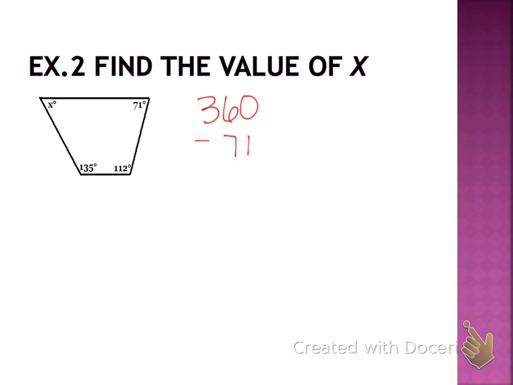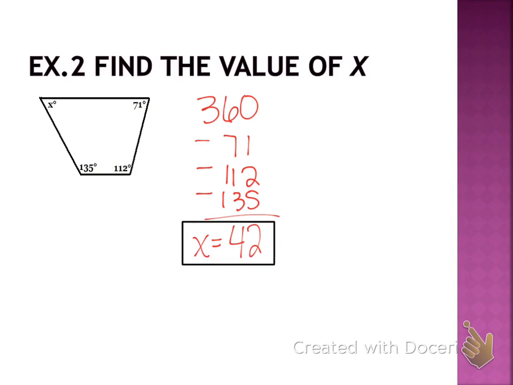You could subtract them one at a time. Either way, 135. Either way, what do we get? 42 for x. Questions, concerns? Pretty straightforward. Okay.